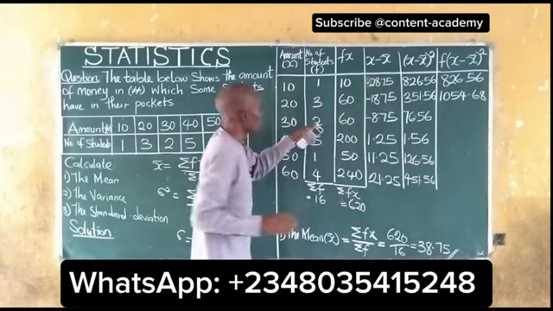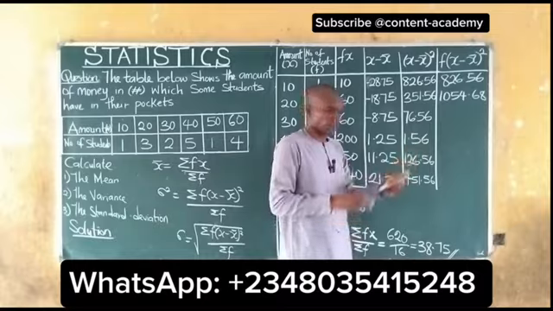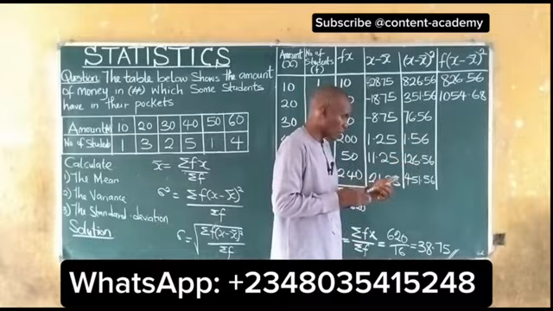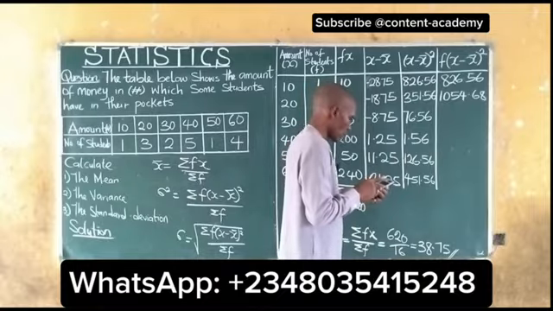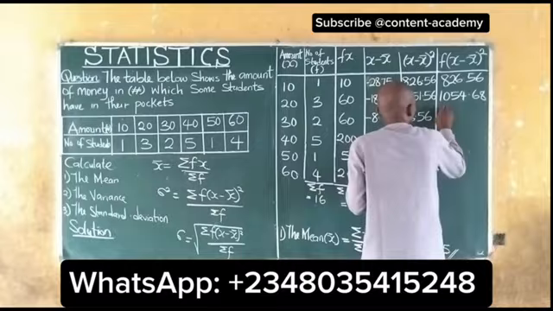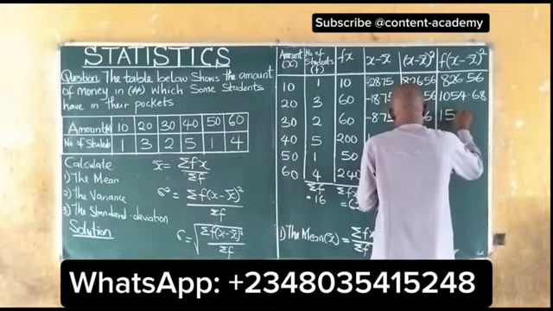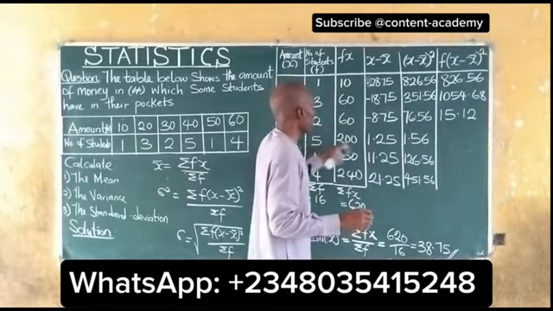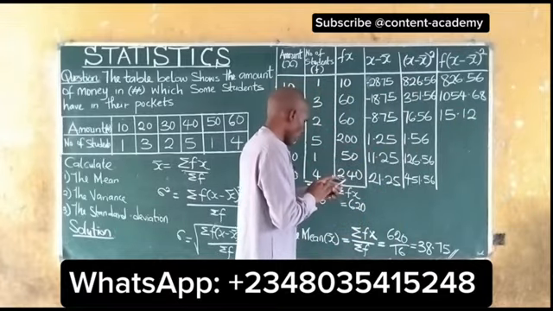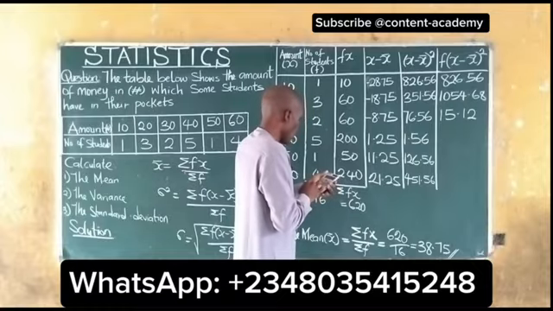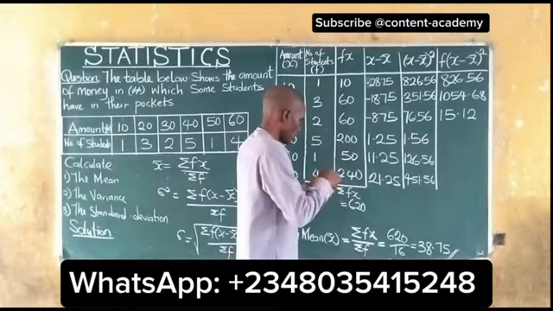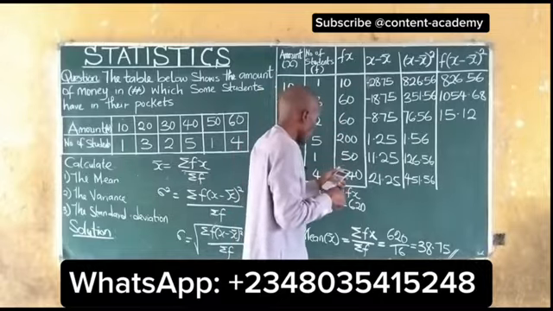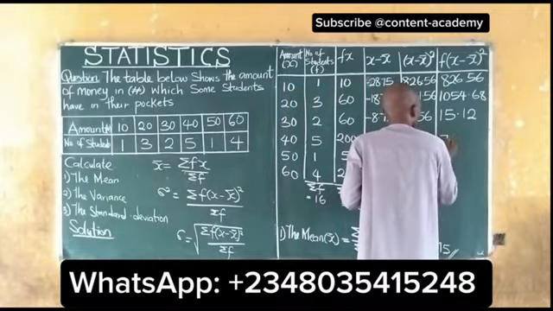Now we have 2 multiplied by 76.56, we have 153.12. 5 multiplied by 1.56, we have 7.8.